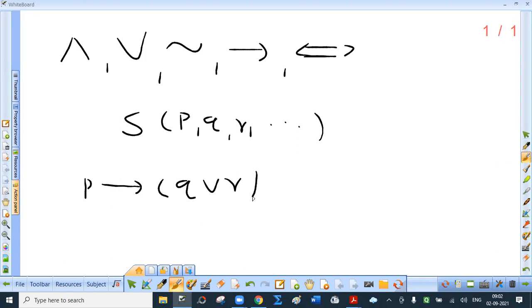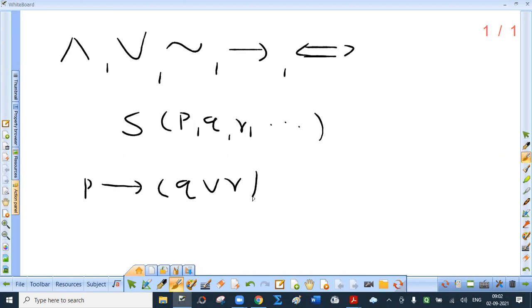I repeat this. Two statement patterns, S1 and S2, are said to be logically equivalent or equal if they have identical truth values in their truth tables for each combination of the truth values of their components.